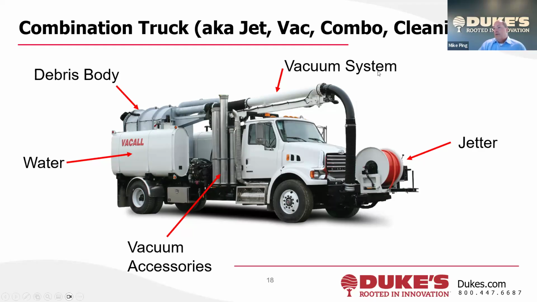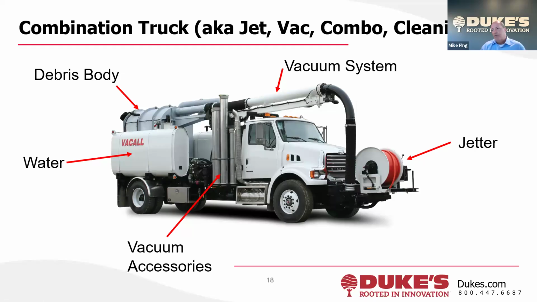Then at the top here there's a vacuum system, and you can think of it like a wet dry vac from one of the big box stores, Lowe's or Home Depot. Same principle, a lot more powerful. And over here on the right, or top left, there's a debris body. That's where all the debris that gets vacuumed out goes. And then there are the accessories here on the bottom. It's no different than a vacuum cleaner at the house.